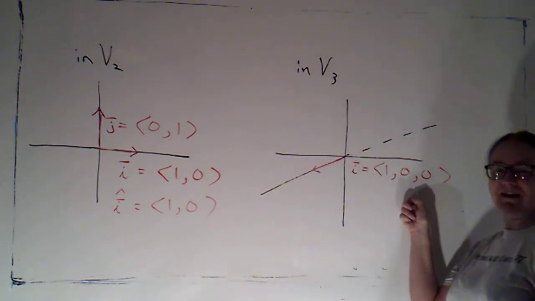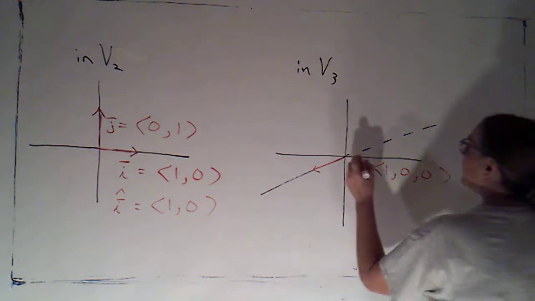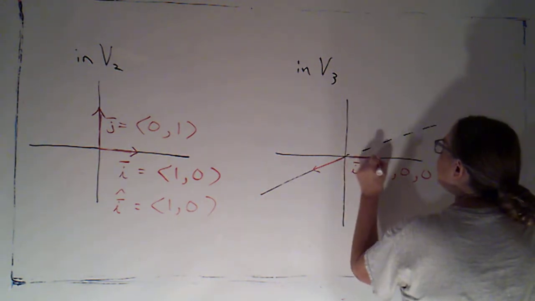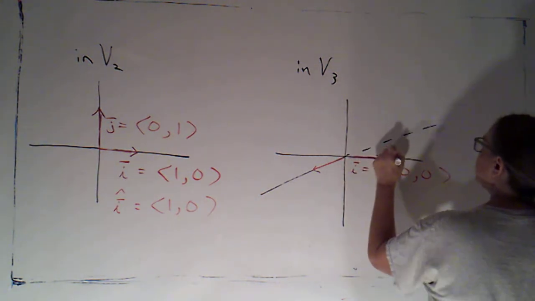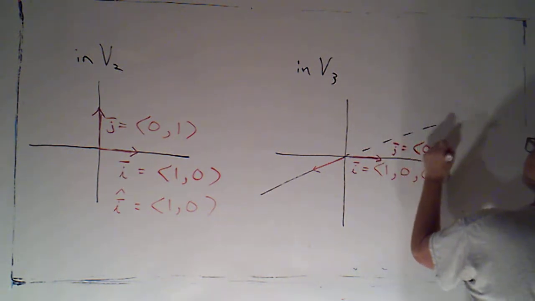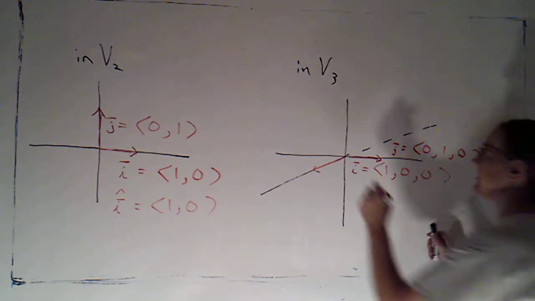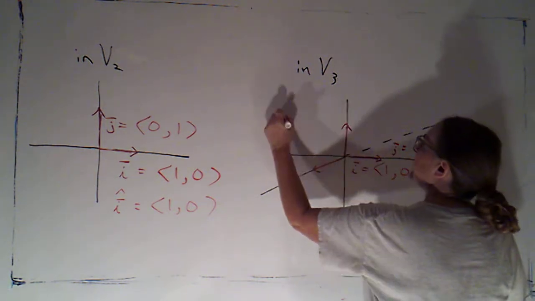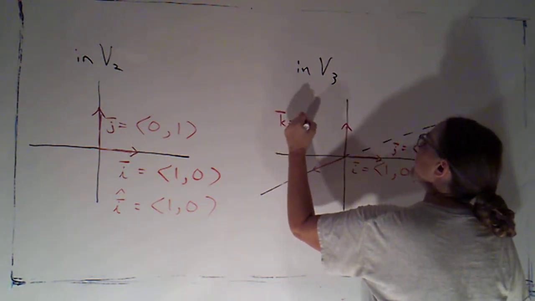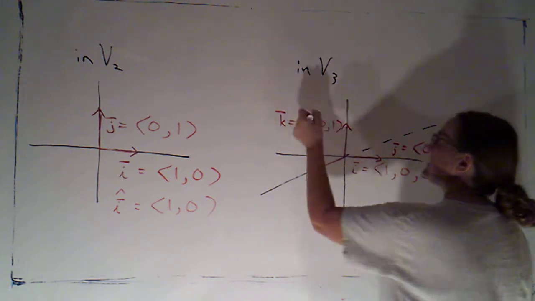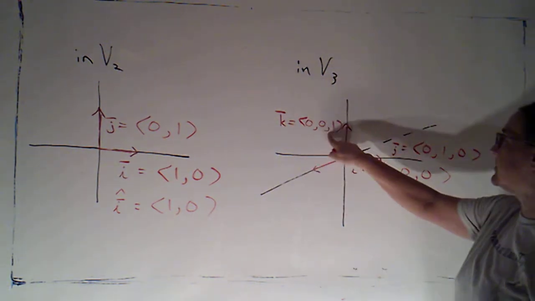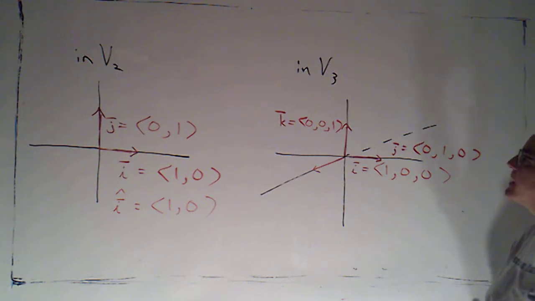You're working in 3 space. j is the vector that points in the direction of the positive y-axis, so that's going to be 0, 1, 0. And then k is the unit vector that points in the direction of the positive z-axis, so that would be 0, 0, 1.